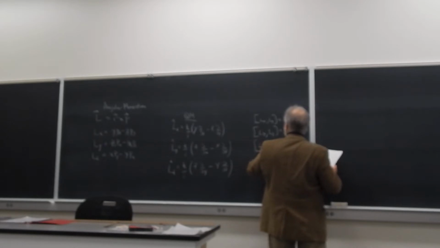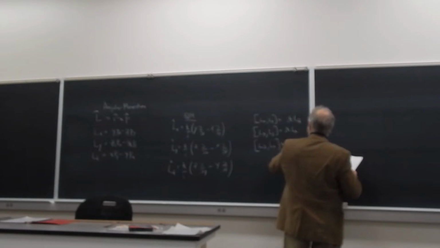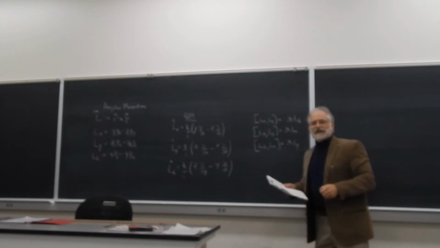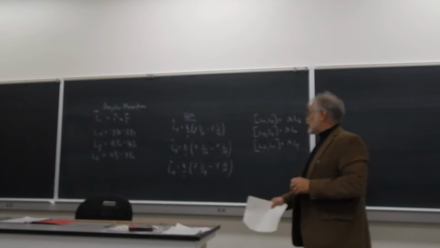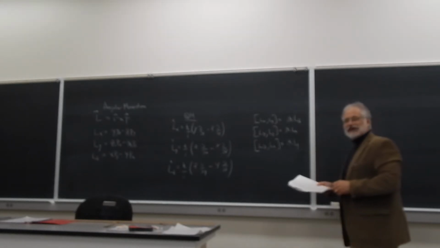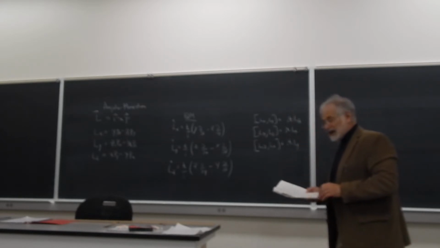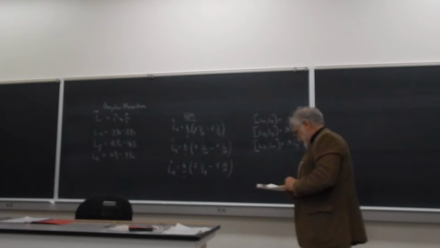And [Lz, Lx] is equal to i h bar Ly. Should look fairly familiar if we were using the spin operator. Those commutators look exactly the same, except s's instead of l's. There'll be more on that later.